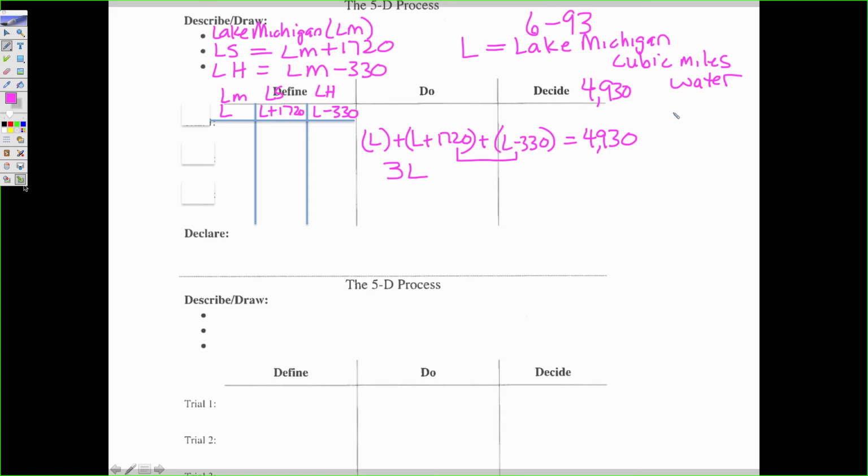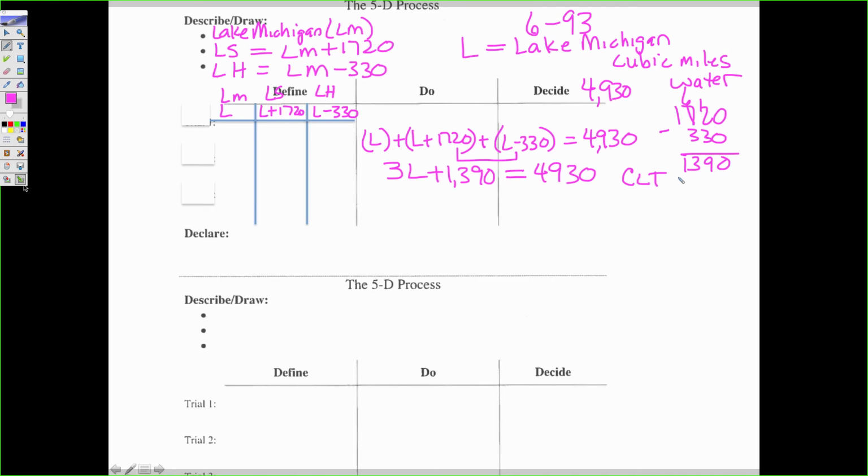If I subtract that, I can simplify and combine like terms. You can do this on your calculator. I have 1,390. Here's my equal sign, still going to equal 4,930. CLT, combine like terms.